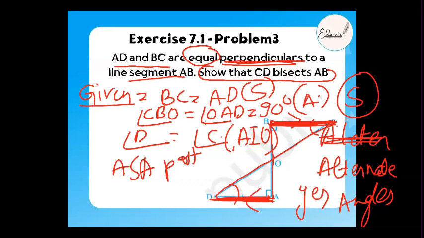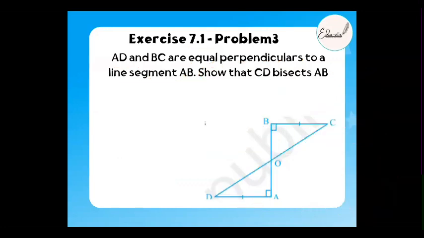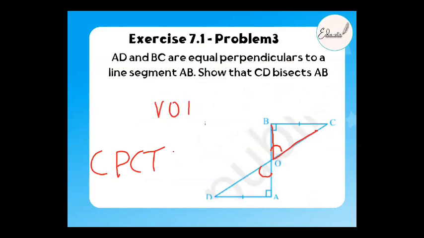When these are congruent to each other, what else comes into picture now, beta? CPCT, right? What is CPCT, Laiba? Corresponding parts of congruent triangles. This and this are equal, this angle and this angle becomes equal. You can also prove that they are vertically opposite angles. You could have also written vertically opposite angles are equal instead of alternate angles, right?